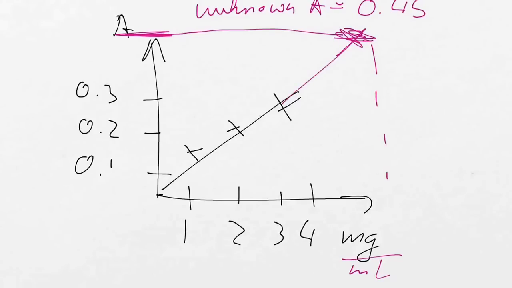But what would happen if your standard line, you couldn't extend it? If your standard line actually did something like that? You don't know, because you haven't measured in that range. So never ever use a standard line to extrapolate data.